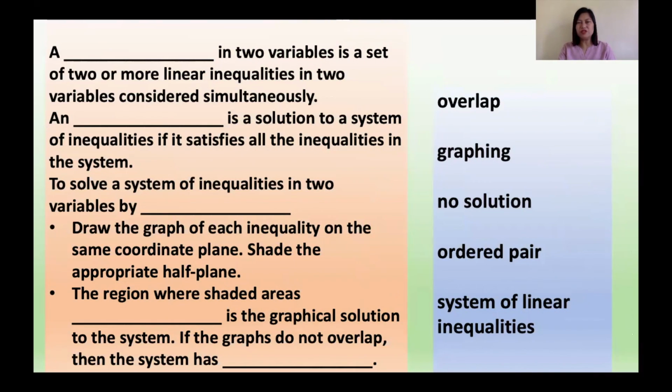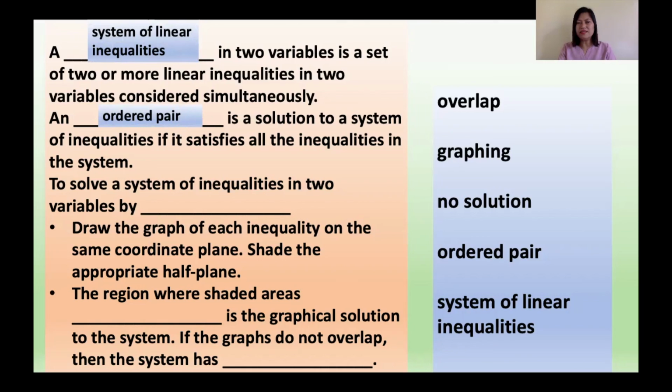In response to Joel's inquiries, let's complete the following sentences. A. System of linear inequalities in two variables is a set of two or more linear inequalities in two variables considered simultaneously. An ordered pair is a solution to a system of inequalities if it satisfies all the inequalities in the system.